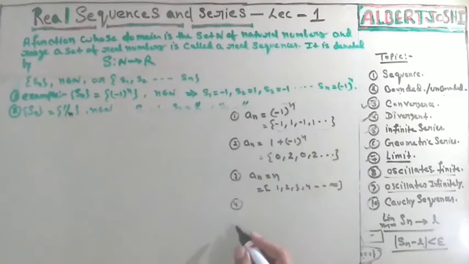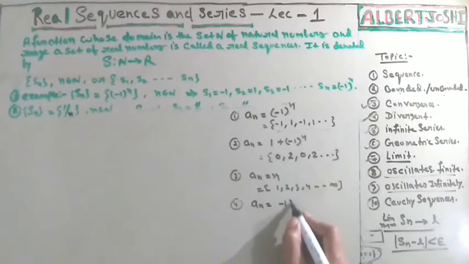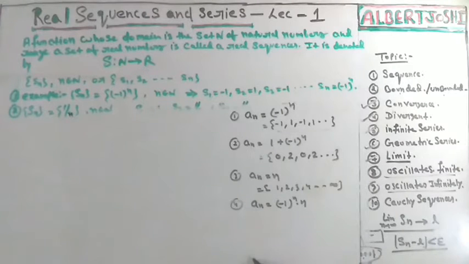Now another example, example 4, I am just taking a_n = (-1)^n times n. Now you can see that if you put different values, first you put 1, then you are getting minus 1. Then you put 2, then you are getting 2. Then if you put 3, then you are getting minus 3.